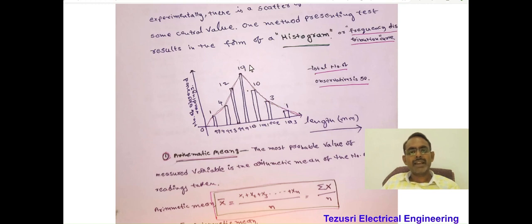It is the central value. Next, 100.1 is read 10 times, 100.3 mm 1 time.